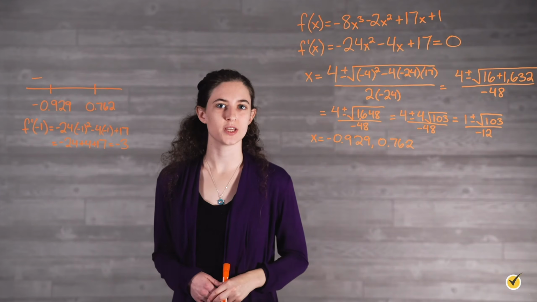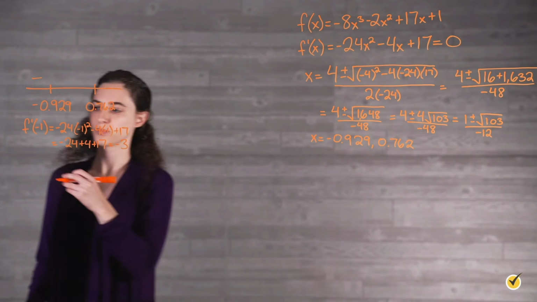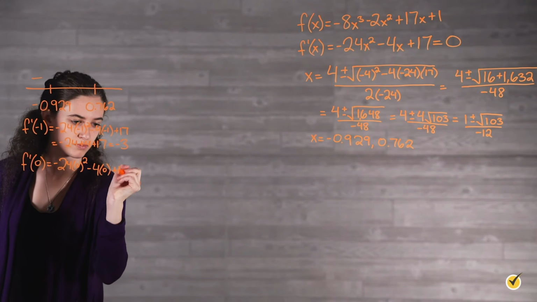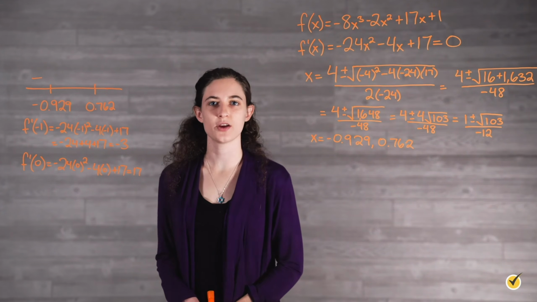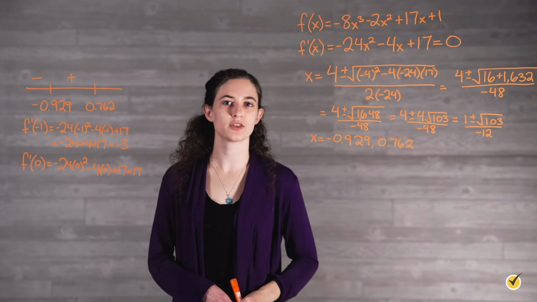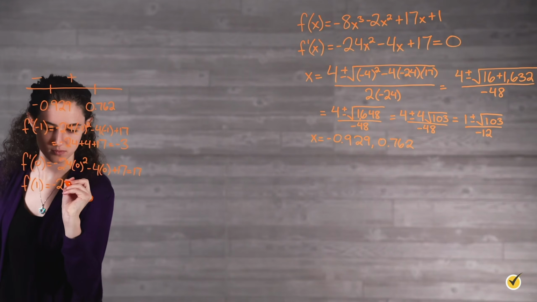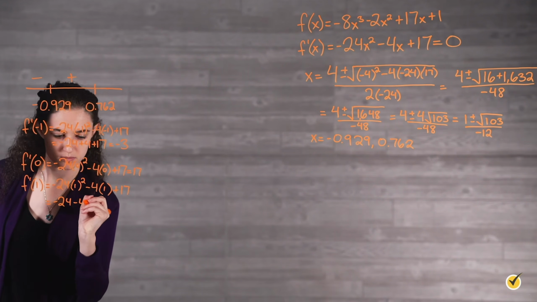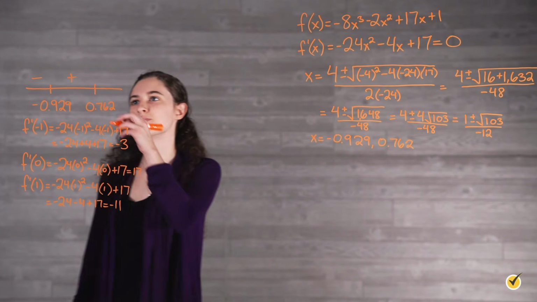Then choose a number between negative 0.929 and 0.762. Since 17 is positive, write a plus sign here. Finally, choose a number greater than 0.762. Write another negative sign here.